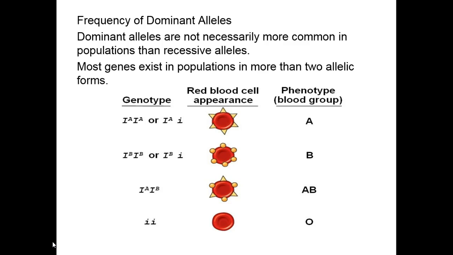You probably know your blood type, or if you don't, it's a very interesting thing to find out. And maybe you're type B positive. That positive is the Rh factor, and that actually is a recessive gene. So dominant alleles aren't necessarily more common. They're just dominant and recessive. That's just the way we've labeled them.